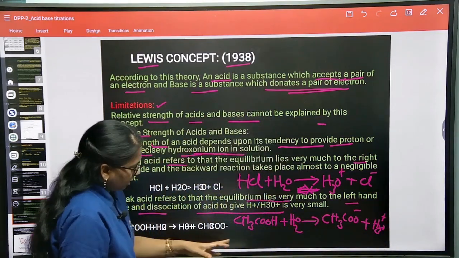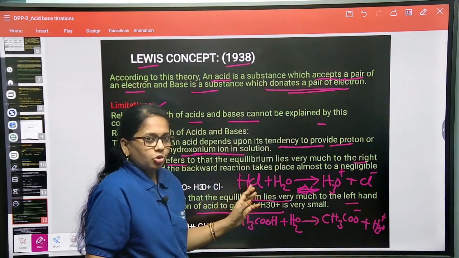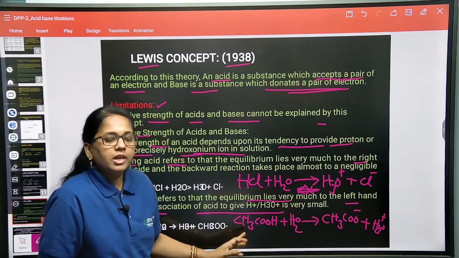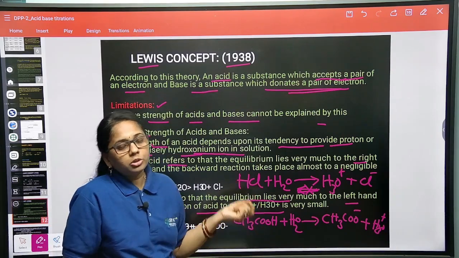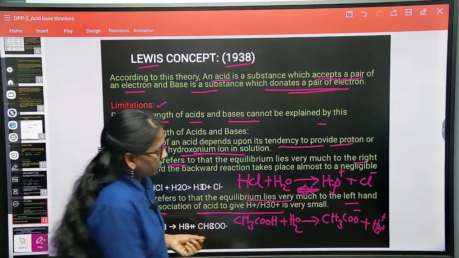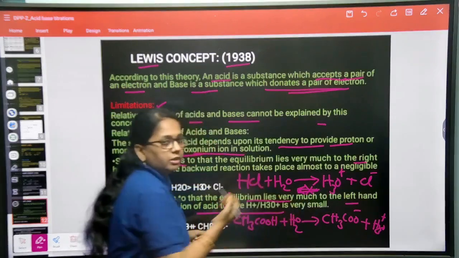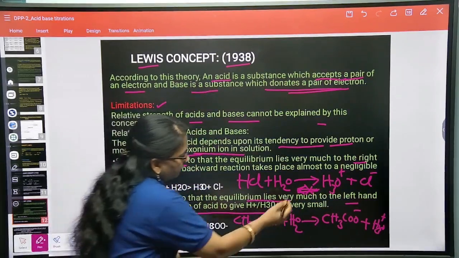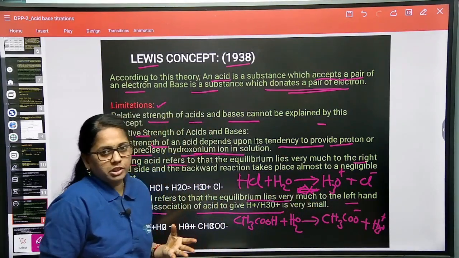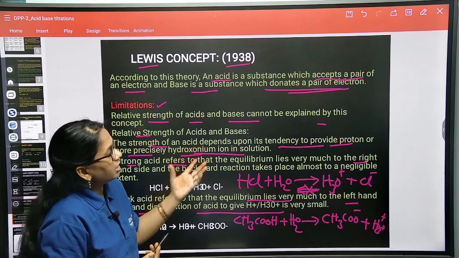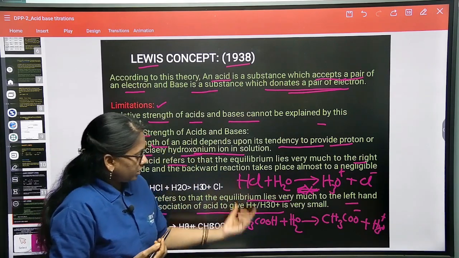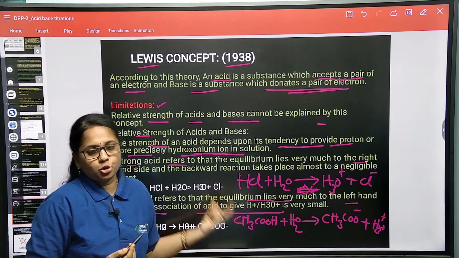So in the case of strong and weak acids, the strength is defined by the forward and backward reactions in the equilibrium state. This theory is unable to define what is a weak acid and what is a strong acid.